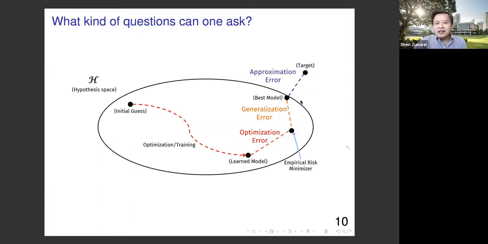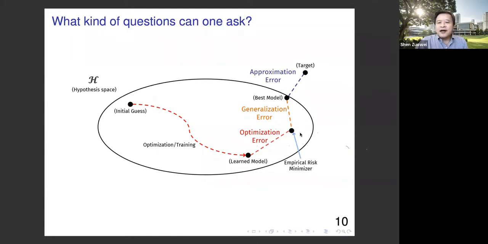The approximation error depends on the properties of your function and on your neural network size, but it does not depend on your algorithm or on your data. Generalization error is essentially the difference between the empirical model and your best model, the function model.